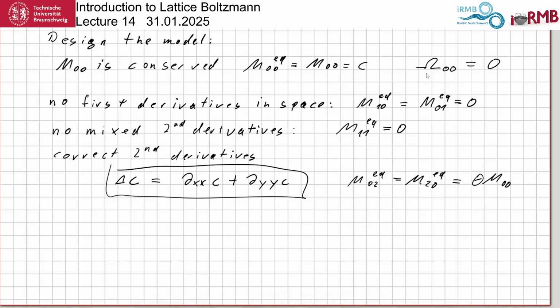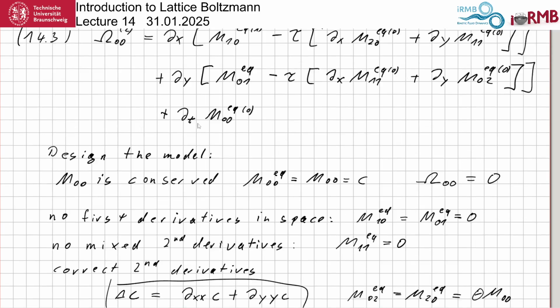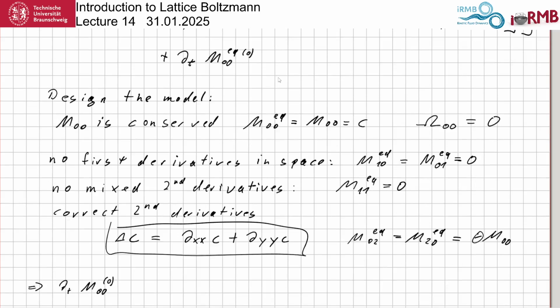Which then will produce the following equation, if we plug this in: dt M00 to the zero order. I take this guy to the other side. There's a minus in front of this all the time.